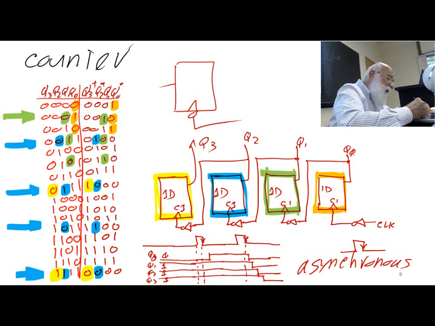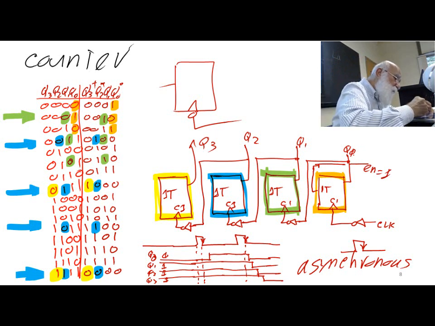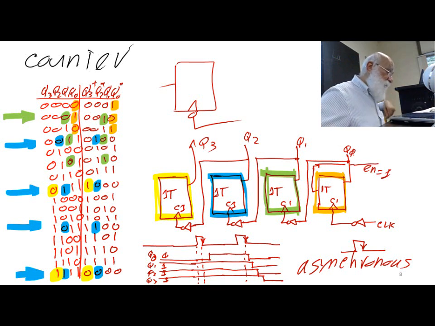And also this input of it, I'm sorry, this is not D, these are T. This one acts like the enable, and if this is 1, it counts. If it is 0, it doesn't count at all.